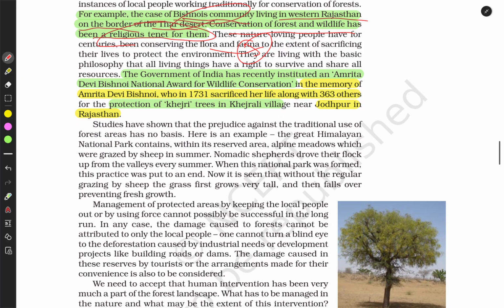Another thing we see is that the government of India has recently instituted the Amrita Devi Bisnoi National Award for wildlife conservation, in memory of Amrita Devi Bisnoi, who in 1731 sacrificed her life along with 363 others for the protection of the Khejri tree in Khejarli village in Jodhpur, Rajasthan.